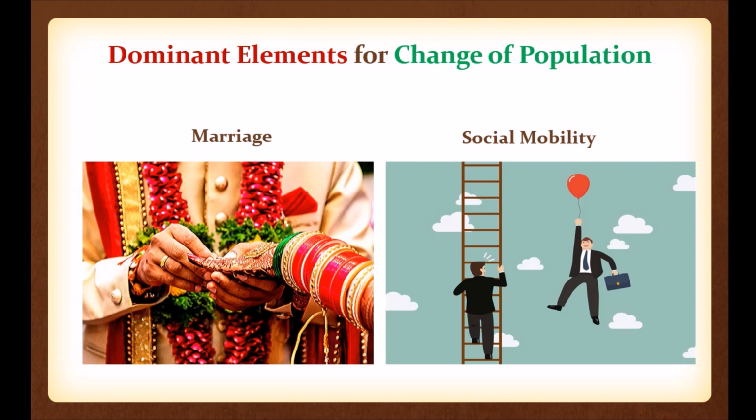Because he is hanging with a balloon and we know he cannot fly for long. And the other man who is trying to go upward with the ladder, he might change his position from downward to upward. So this is social mobility, from poor to rich or from rich to poor.